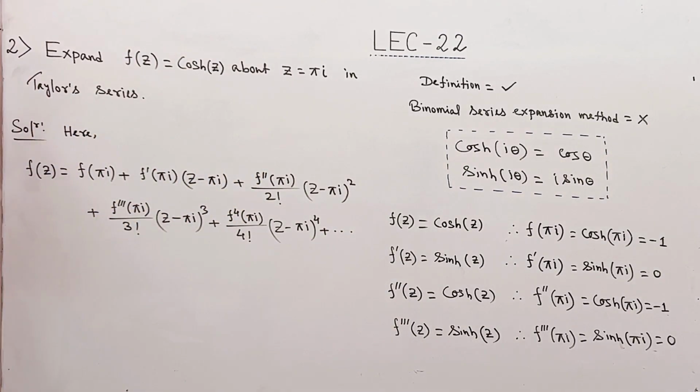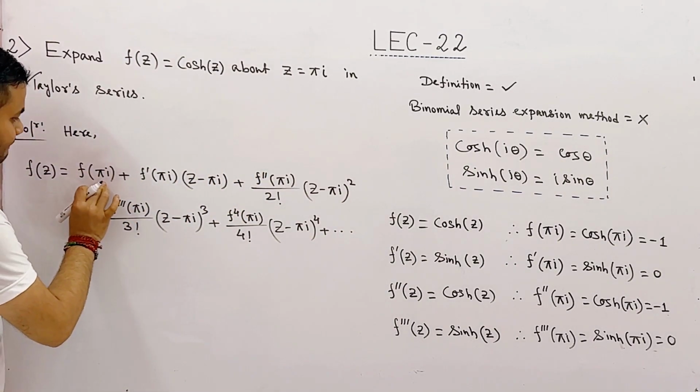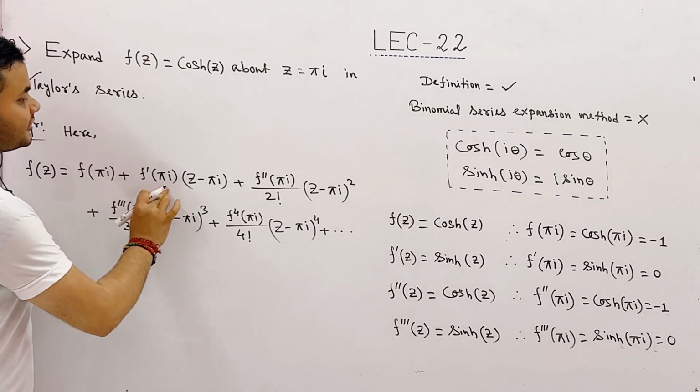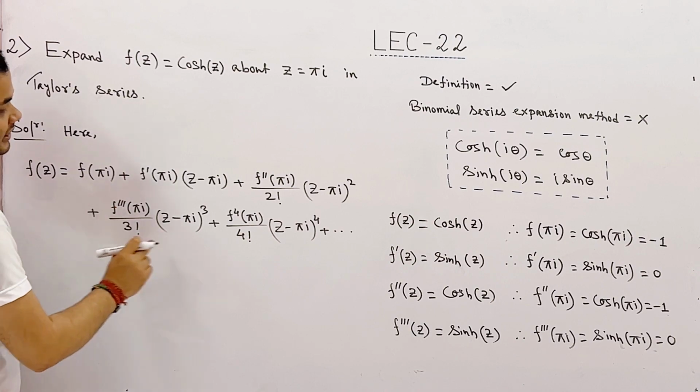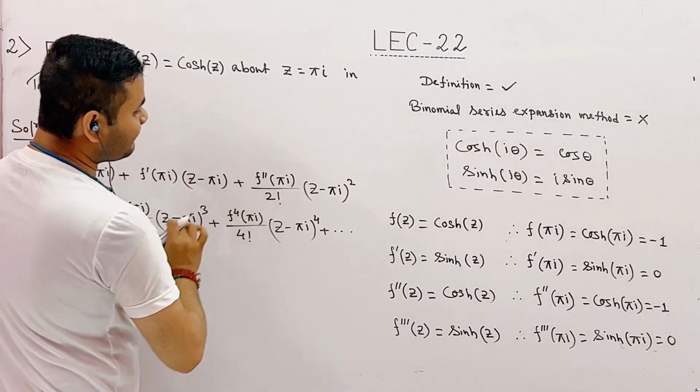Now let us find out the values of f of pi iota, f prime pi iota, f double prime pi iota, f triple prime pi iota and f to the power 4 pi iota.